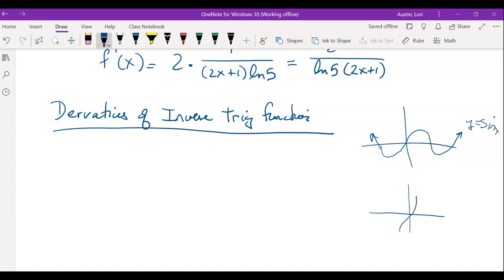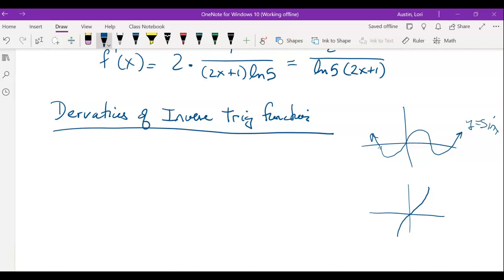I'm trying to get the graph of it correct. Yeah, it's kind of like that. So for the inverse functions, your x and y's are switched.